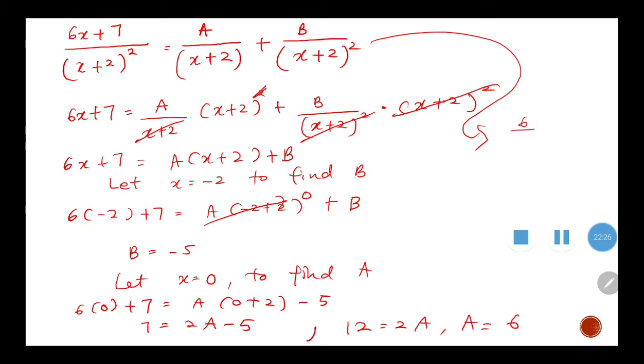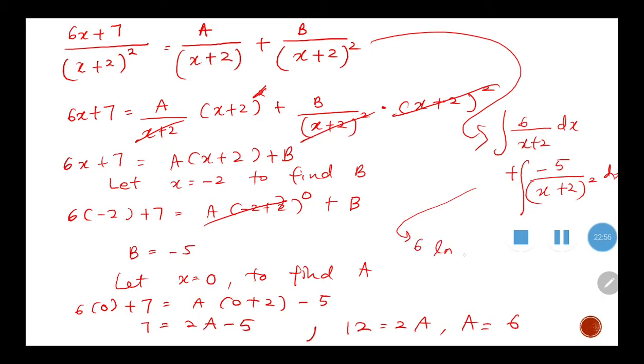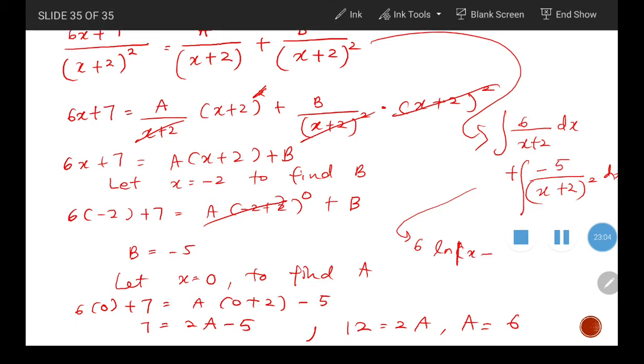So 6 over x plus 2. Remember, you have to integrate this, right? The integral of 6 over x plus 2 dx plus b, what is b? Minus 5 over x plus 2 squared dx. Okay, similar to the one before. So 6 ln modulus x plus 2. Okay, I have to erase some of this.